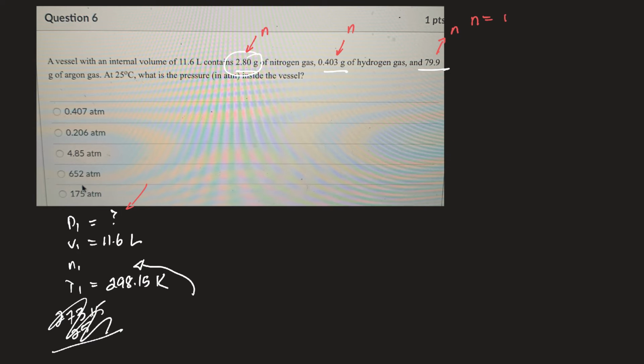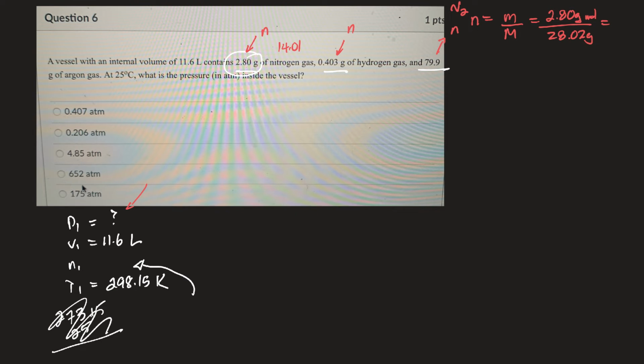So moles are equal to mass over molar mass. And for nitrogen, the mass is 2.80 grams. And the molar mass of nitrogen is 14.01, but it's N2, so there's two of them, so that'll be 28.02 grams per mole.